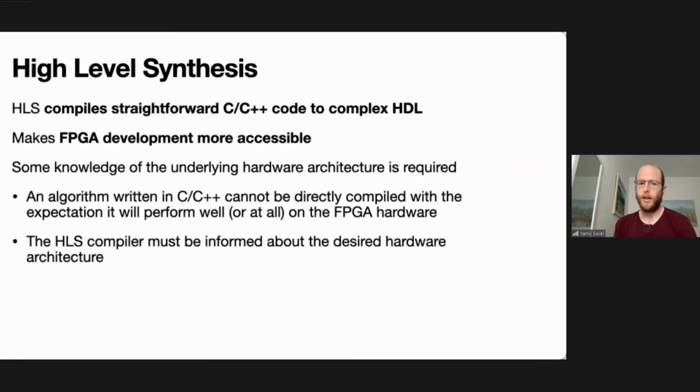An automated process called high-level synthesis, which compiles C or C++ code to an HDL, has made FPGA-based algorithm development much more accessible. Although HLS operates at a higher level of abstraction than HDL, some knowledge of the underlying hardware architecture is required to generate an effective design. In other words, an algorithm written in C or C++ cannot be directly compiled with the expectation that it will perform well or at all on the FPGA hardware.